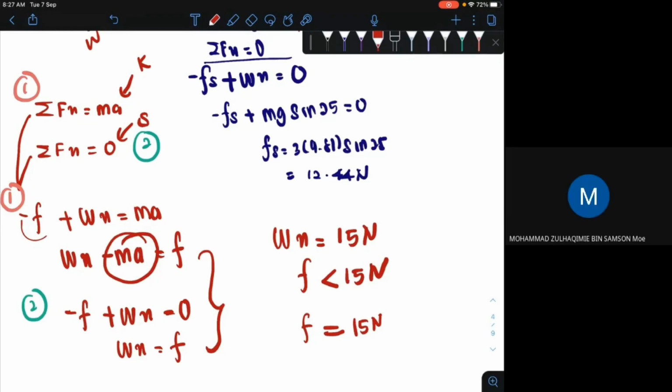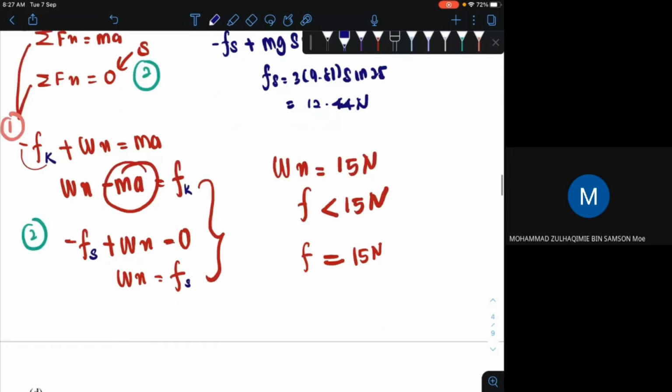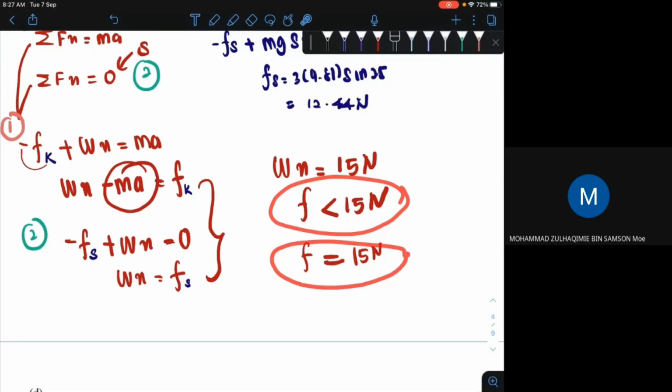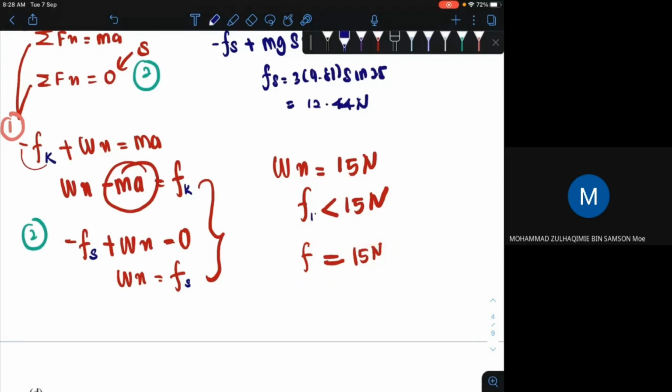Kalau kamu tengok, kes pertama kita adalah kinetic friction. Okay, ini kinetic. Kes kedua kita adalah static friction. Okay, kalau kamu tengok, nilai kinetic friction kecil daripada nilai static friction. Okay, this is kinetic, this is static.